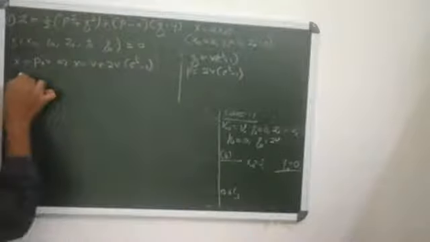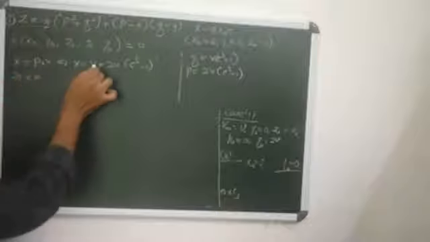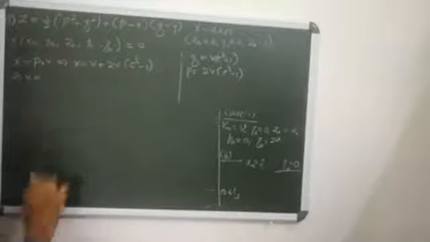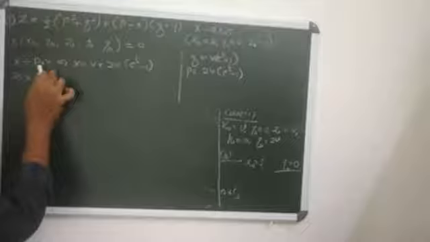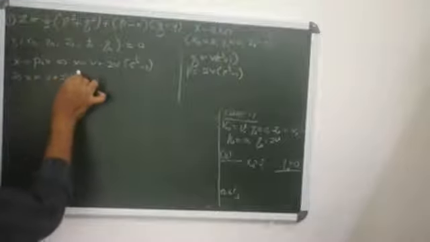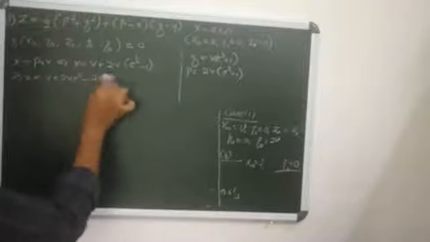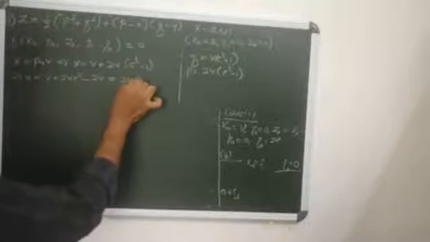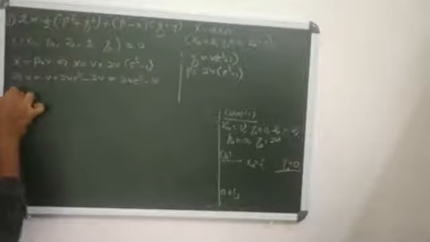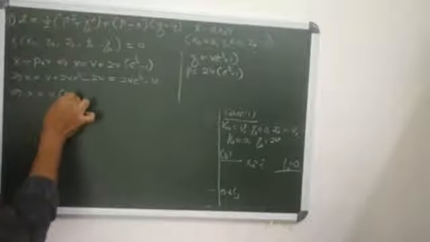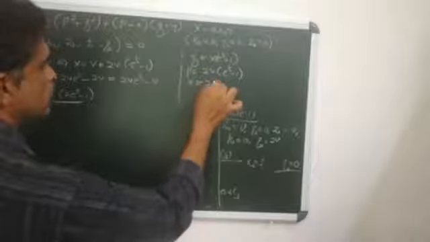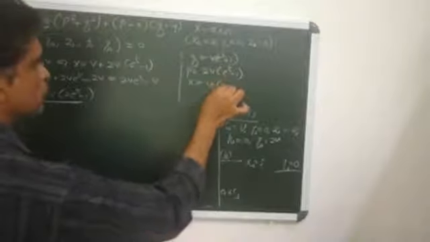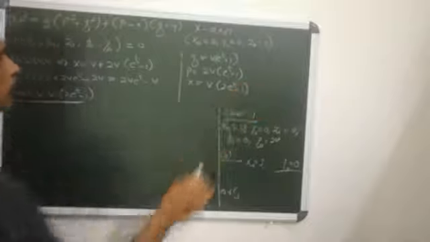So that means x equals v plus 2v into e power t minus 1, which equals v plus 2v e power t minus 2v. That is 2v e power t minus v. So x equals v into 2 e power t minus 1. So this is another value: x equals v into 2 e power t minus 1.